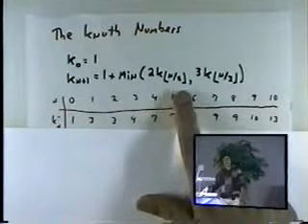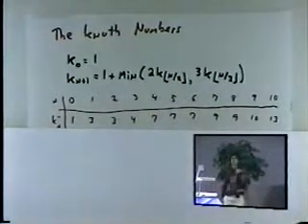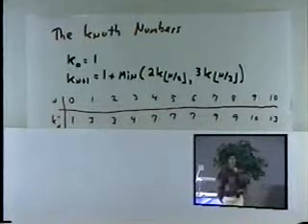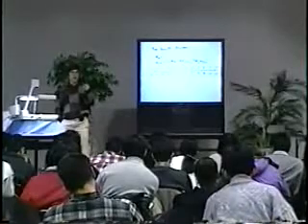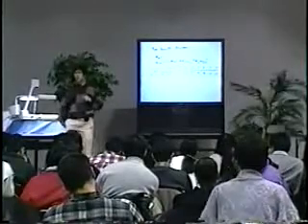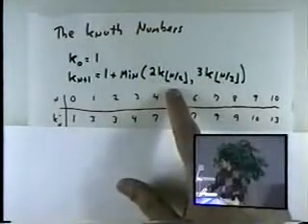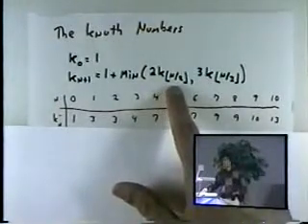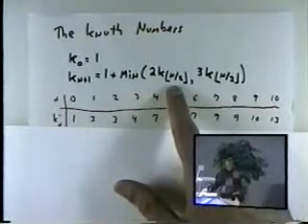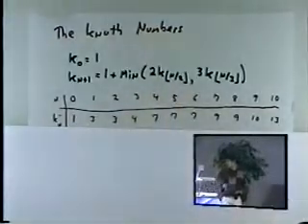I proposed last time it was easy to just drop the floors to get an idea of what's going on. Could you, with this recurrence, get an idea of what's going on by dropping the floor function? I claim the answer is not really, because these are actually indices to a number. The Knuth number of n over 2 is not defined. So you can't really deal with that.